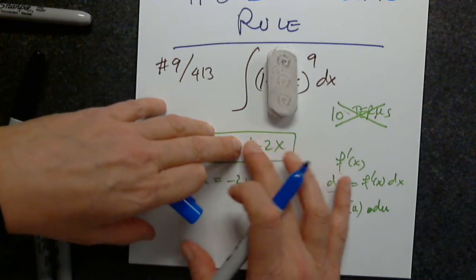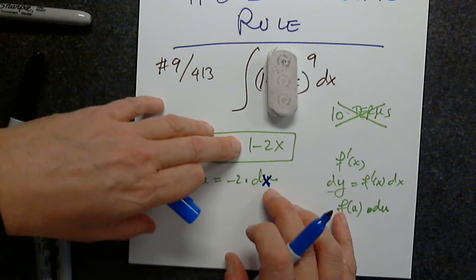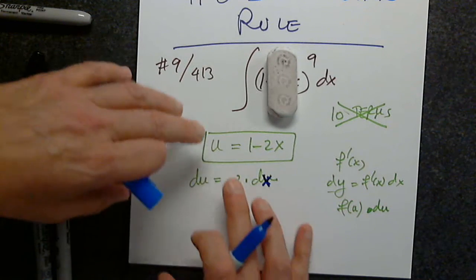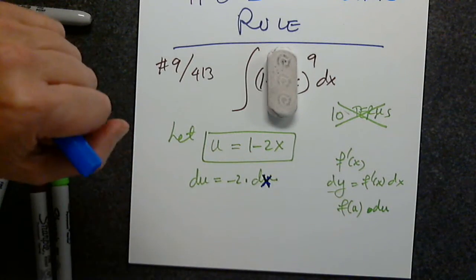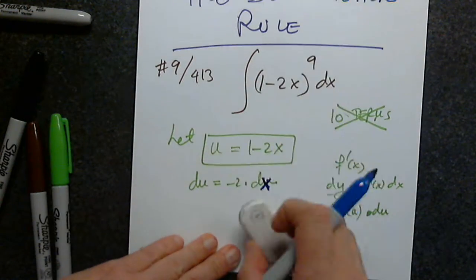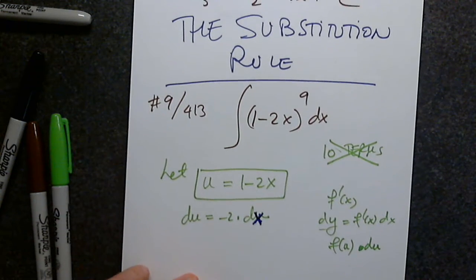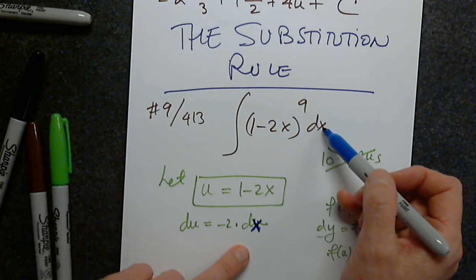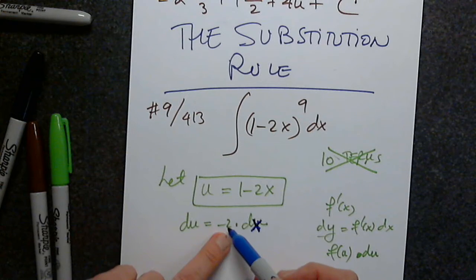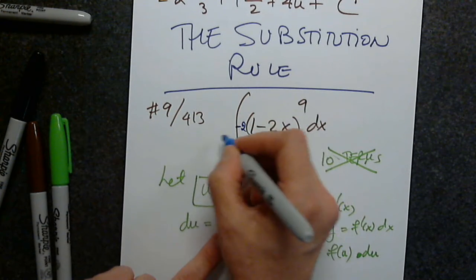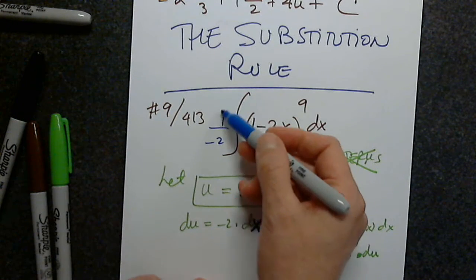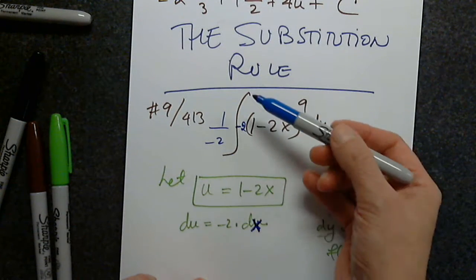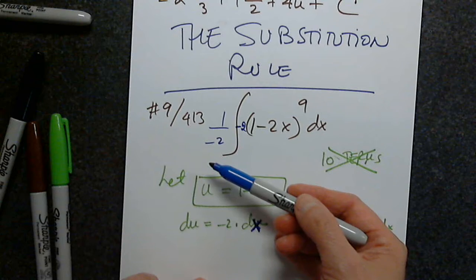So it's f prime of x dx. Thank you. I was going to get in trouble when I put it in right now. So I do have dx, but I don't have negative 2. It's not a problem to multiply and divide by negative 2. This is 1. Negative 2 and negative 2.